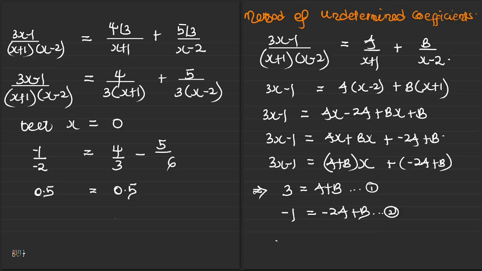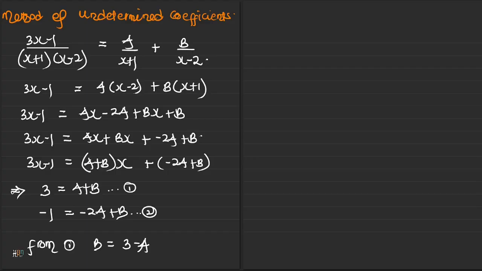From equation 1, we know our b is equal to 3 minus a. How do I get 3 minus a? We are keeping b here, and then we take a to the other side, so that it becomes a negative. So 3 minus a. So let's put this b into equation 2.